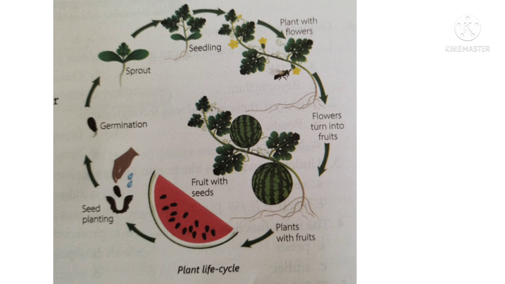A plant with flowers, those flowers turn into fruits, and those fruits contain seeds. So this is all about vegetative propagation.